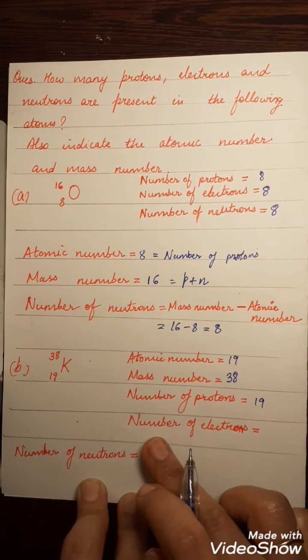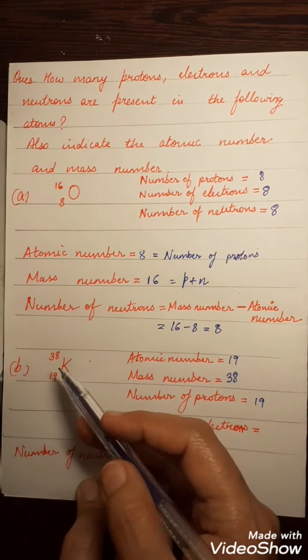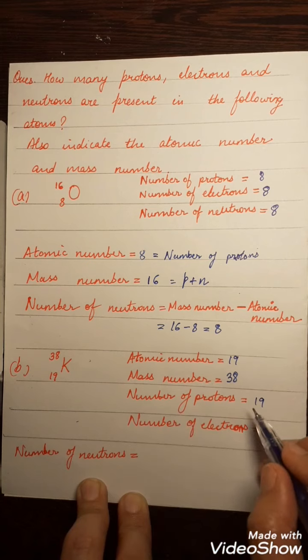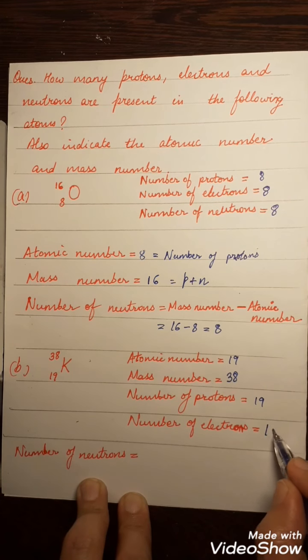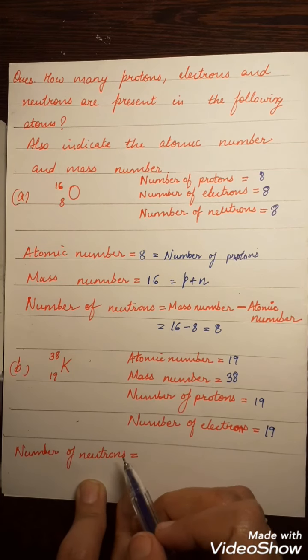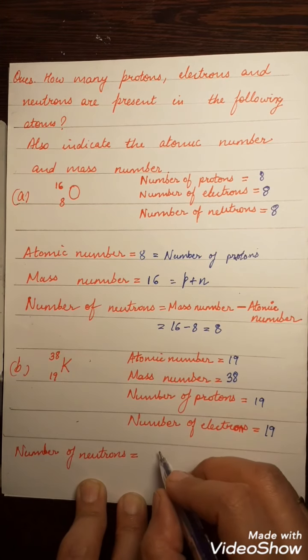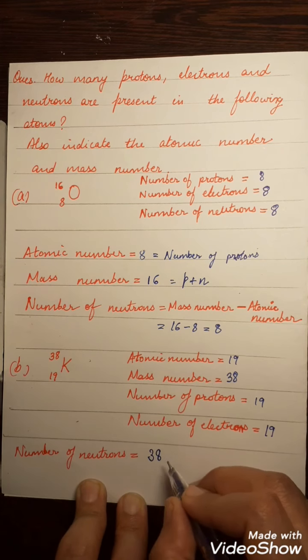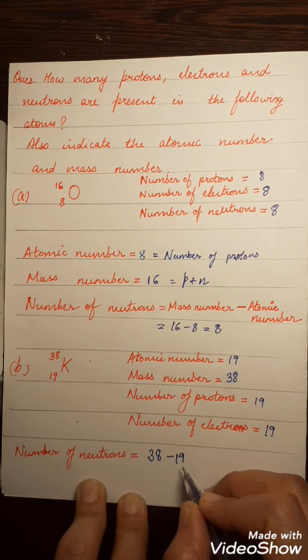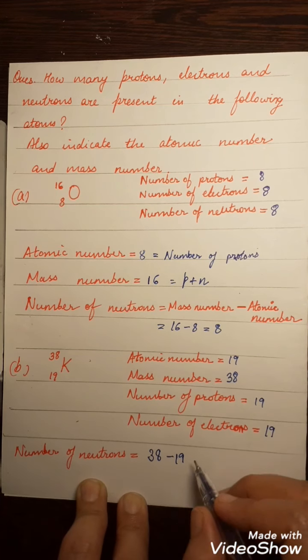Number of protons equals to number of the electrons in the neutral atom. So number of protons equals 19, number of electrons also equal to 19. Now number of the neutrons, I told you it is mass number minus the atomic number. So mass number is 38 minus 19. Okay, so how much you will get?